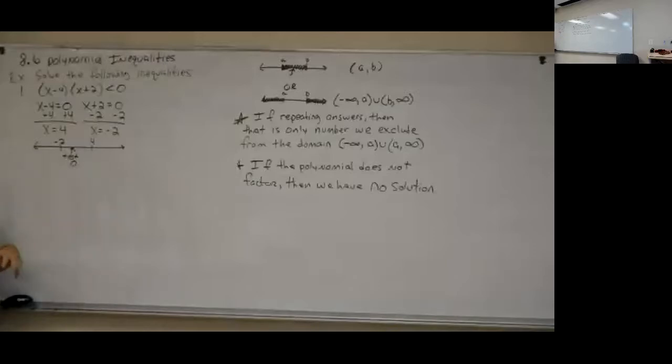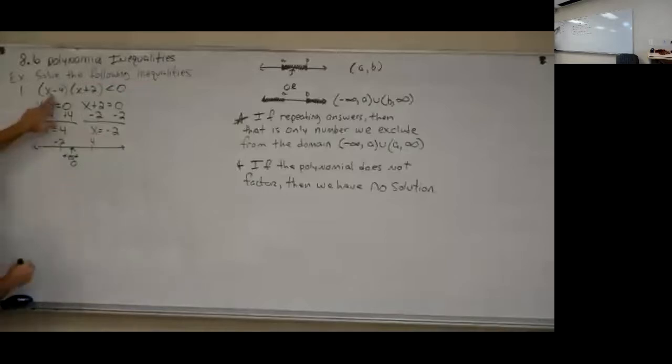So what's going to happen? If it becomes true when I put 0 into this, I'm going to shade that. If it's false when I put the 0 in up here, I'm going to leave that alone and shade those outsides, okay? So you got 1 or 2 choices on the shadings, unless you get the single repeating answer, and then it's going to do like we said with the infinities.